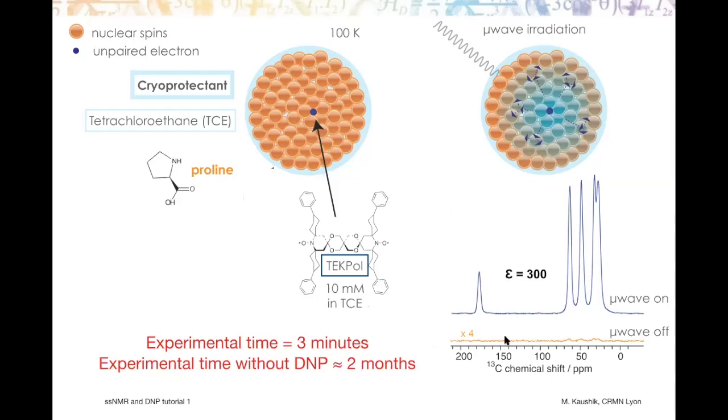And by looking at the difference in microwave off to microwave on spectrum, it becomes clear that, for example, here enhancement of 300 means a lot in time saving. This experiment took us 3 minutes. Without DNP, it would take 2 months. So for systems where the NMR signal is very low, it is imperative to use DNP to obtain useful information.